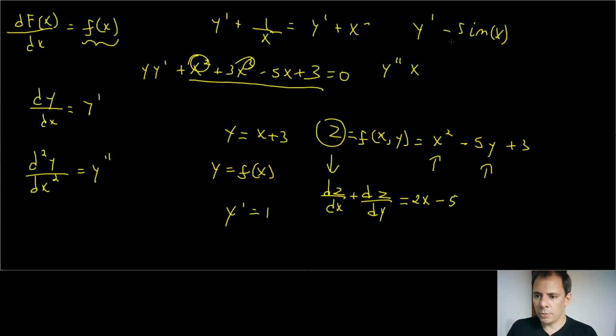For example, when you have this, now, this term is just being multiplied by a constant, which is 1, okay? This term right here, actually, the constant is equal to 1. It was supposed to be minus 1, but it's minus 1 times the sine of x, and the sine of x is not a constant. So this is a nonlinear differential equation.